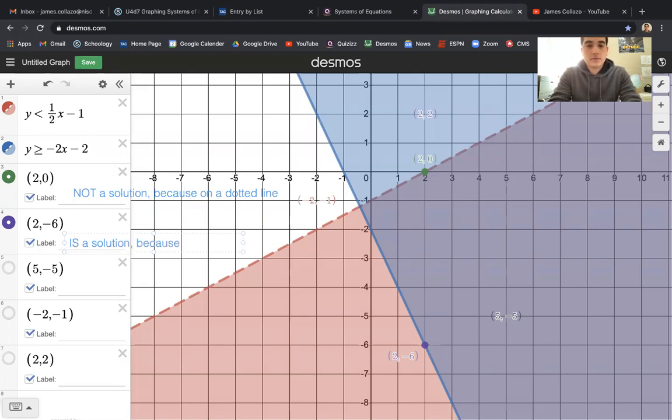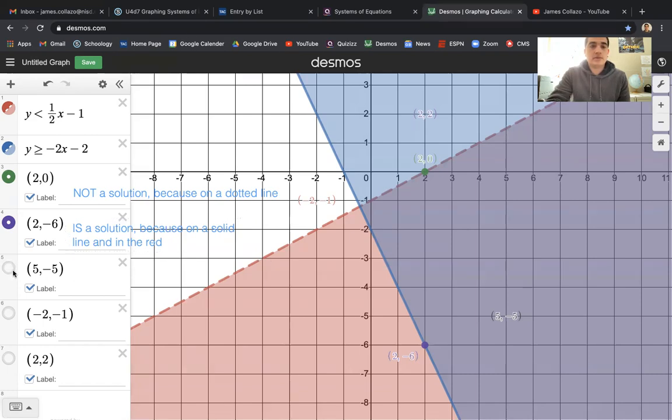Because it's on a solid line and in the red. So remember, it either needs to be in the double shaded or on a solid line for it to be a solution.